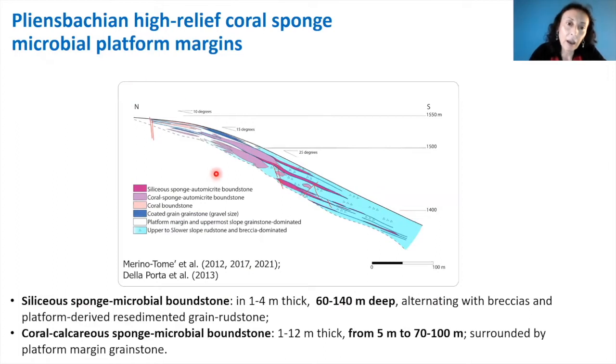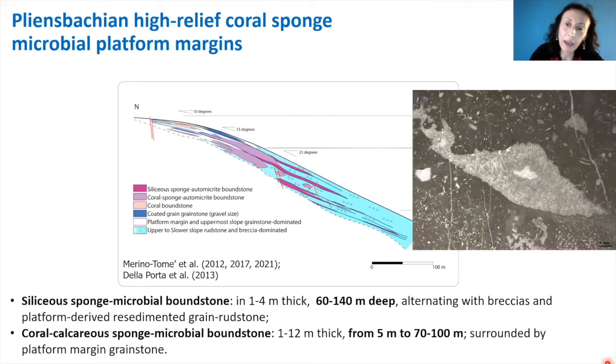This Pliensbachian steep slope consists of different types of reef. In the deeper part, there are these microbial boundstones indicated with the darker pink lenses, dominated by peloidal micrite, siliceous sponges, and cement-filled stromatactis-like cavities, lacking corals.